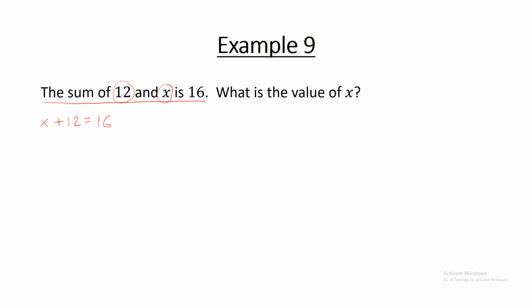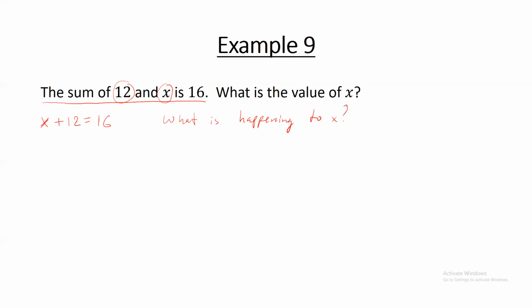So this is how we would translate the literal expression into algebra, and the rest is solving, which again is something that should be familiar to you by now. We're trying to solve for x, so we want to first figure out what is happening to x.